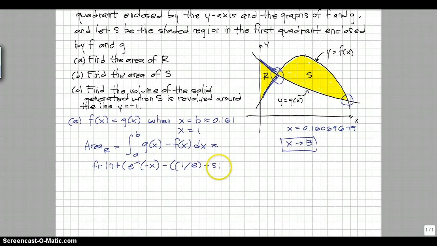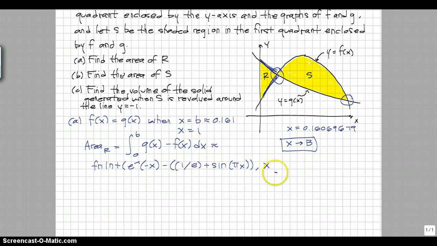Plus sine pi x. Close those parentheses, comma x, because I want to integrate with respect to x.